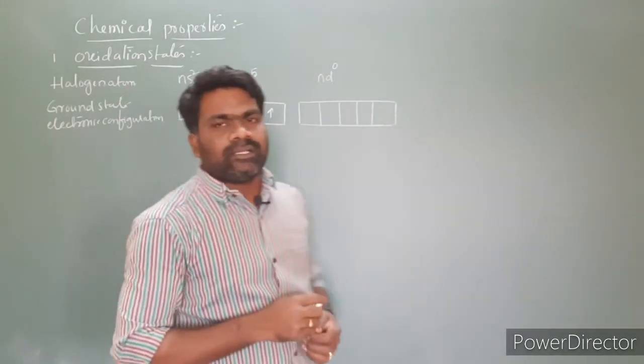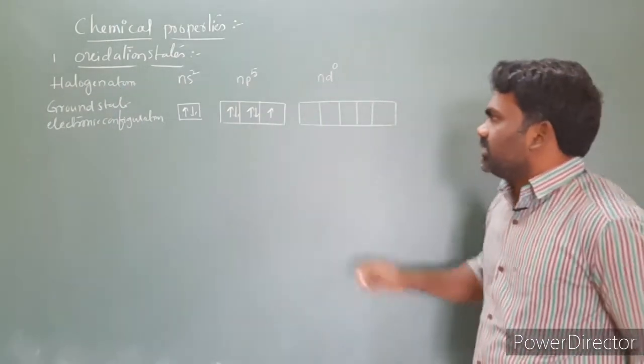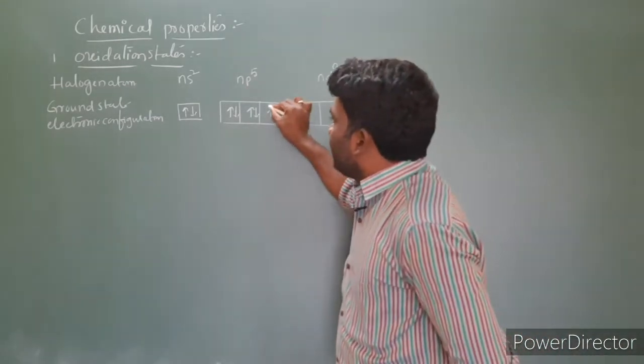By looking at this electron configuration, the point we understand is that in the np orbital there is one unpaired electron.